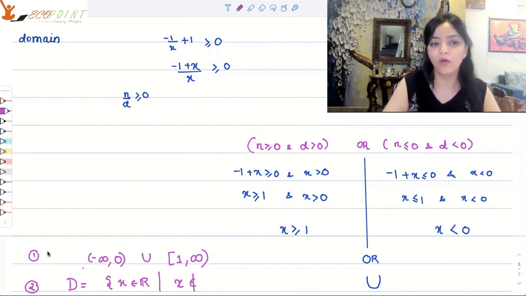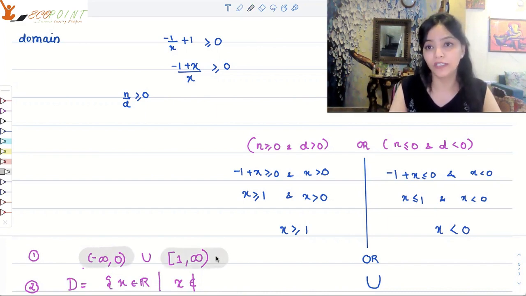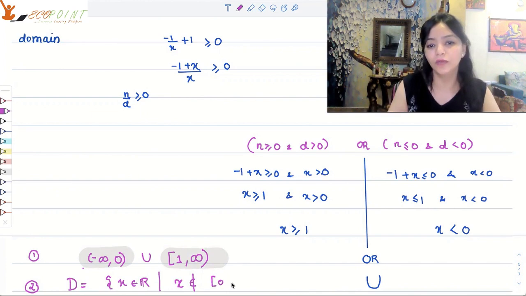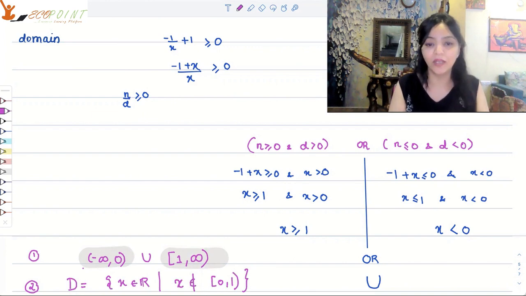If x would belong to minus infinity to 0 and or 1 to infinity, then where should it not belong? It should not belong to closed 0 to 1. That's the excluded part from the domain. What numbers are excluded? All the numbers which are in between 0 to 1, including 0, excluding 1.